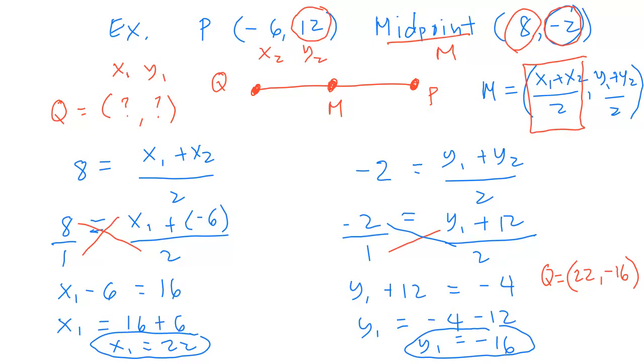Again, the problem is asking you find the coordinates of the other point Q of the segment with one endpoint P, which is given, and a midpoint that is given. So that's another problem in midpoint. You're just applying the formula.